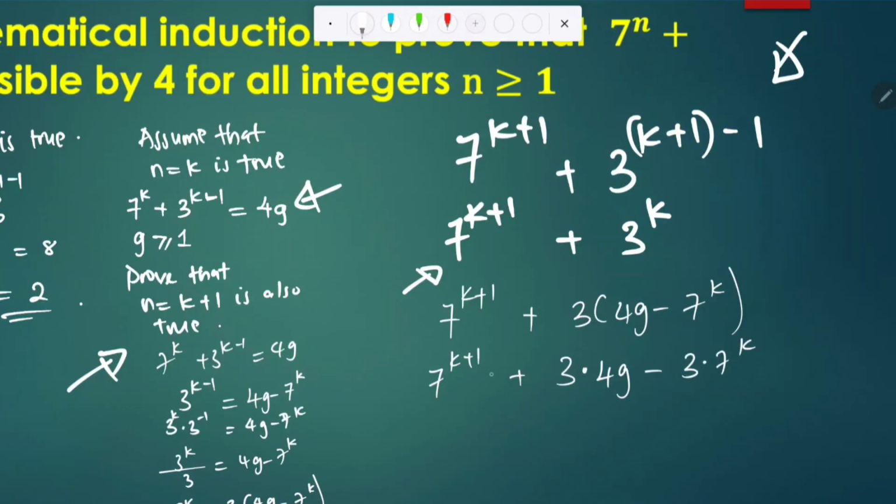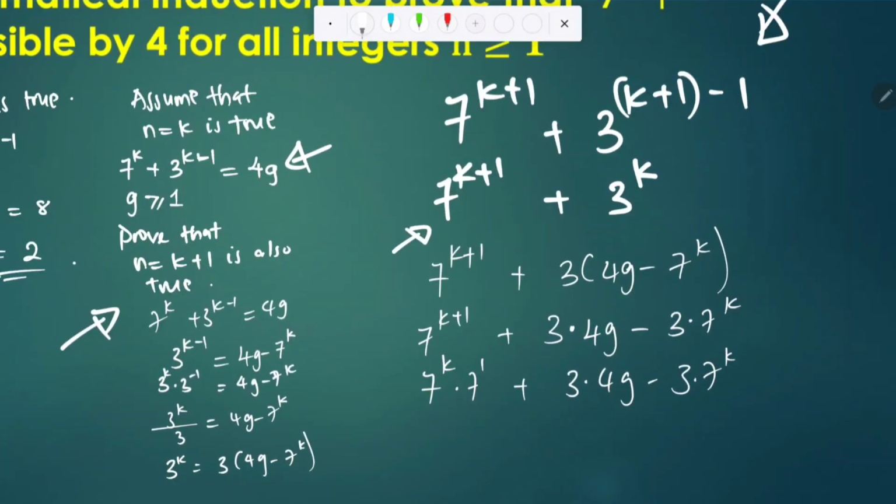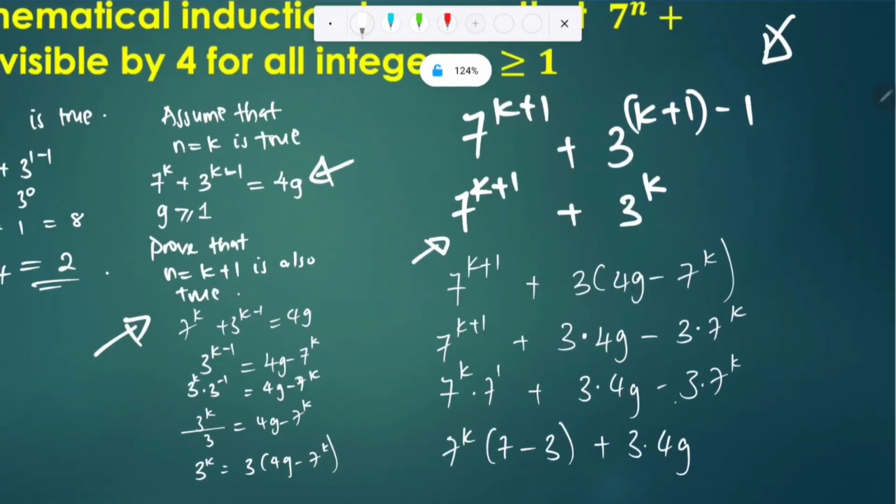Okay, 7 to the power k plus 1 can also be written as 7 to the power k times 7 to the power 1 plus 3 times 4g minus 3 times 7 to the power k. And then we're going to factorize 7 to the power k in these two terms. So this will be 7 to the power k times 7 minus 3 plus 3 times 4g. Oh, there's supposed to be a g over here.